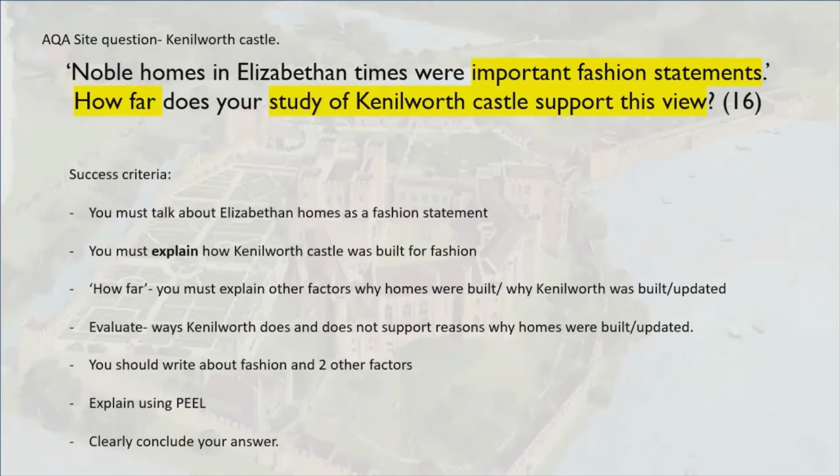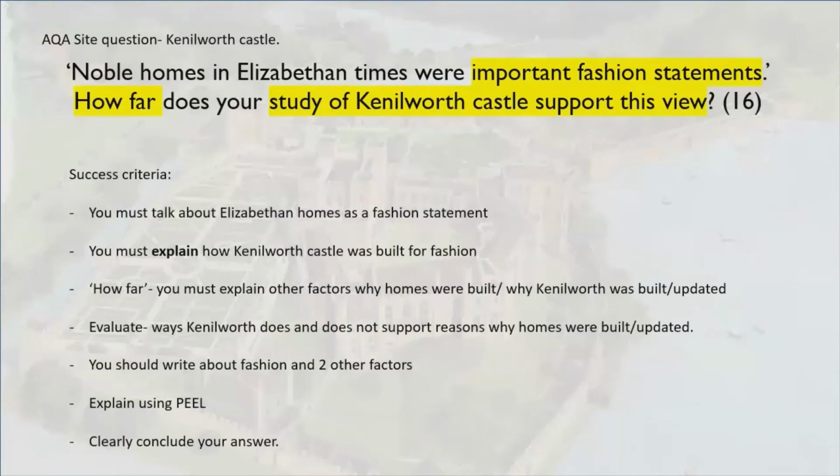So that means you've got a success criteria of these key things. Explain how Elizabethan homes were fashionable and how Kenilworth Castle supports this. Those are the first 2 bullet points. How far suggests you need other factors that led to the building of houses, and particularly Kenilworth Castle. So you need to compare fashion to other factors.